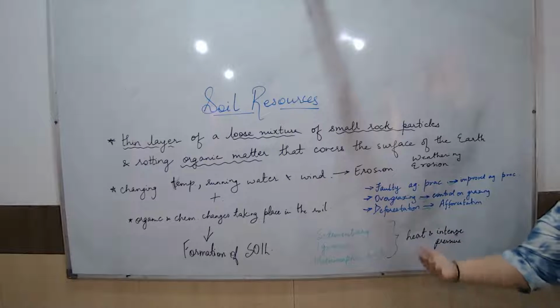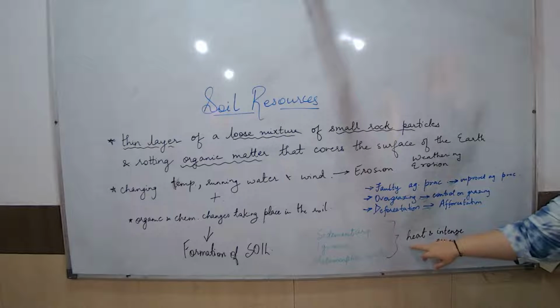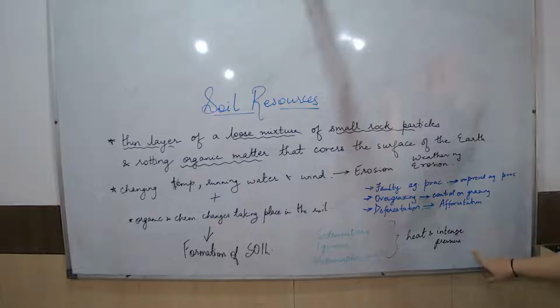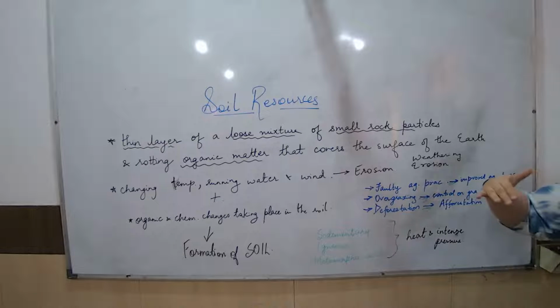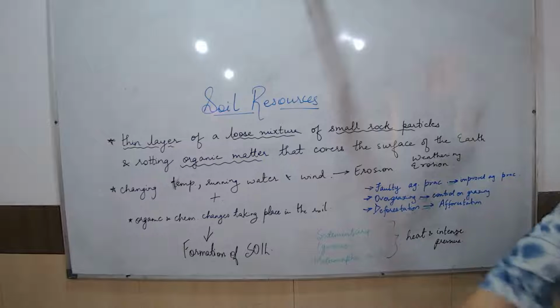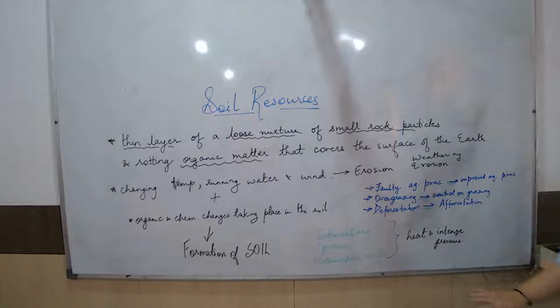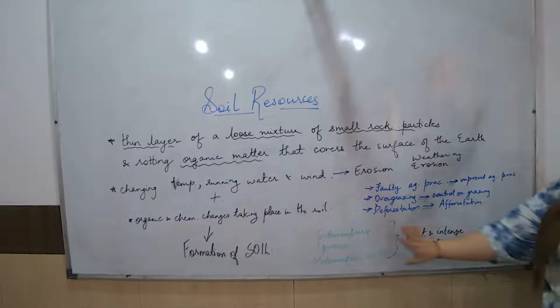So when it is buried below the earth for many millions of years, and it gets heat and intense pressure. From where will it get? Inside. From the layers on the top. Pressure is something that comes from the top, correct? So intense pressure from the layers on the top. Then these rocks are formed.